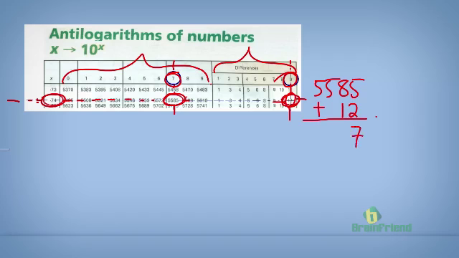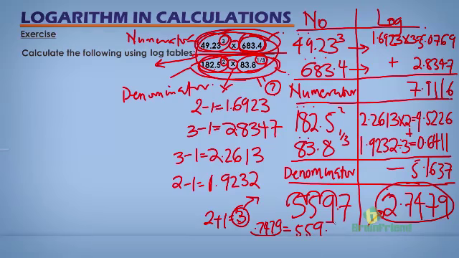Remember, we said that whatever our answer be, we would have 3 digits before the decimal point in that answer. Therefore, let's trace our decimal point, moves 1 step, 2 step, 3 step. And so we have our 3 digits as 559, and of course, the answer we get is 559.7.